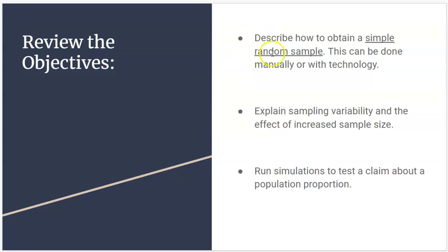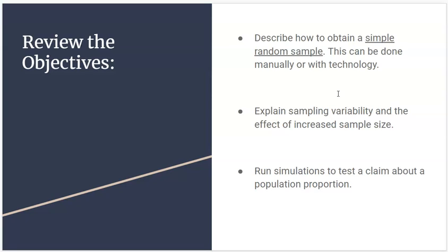Okay, so let's review the objectives here. Describe how to obtain a simple random sample. We talked about what that means, how that works, and what tools we can use to help us do it, either physically or digitally. We talked about sampling variability and the effect of increased sample size, where larger gives you a better picture, gives you more accuracy in identifying what your mean is.